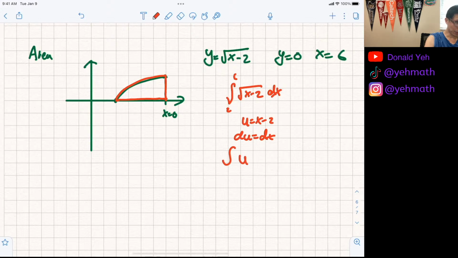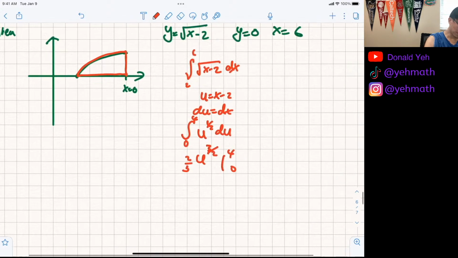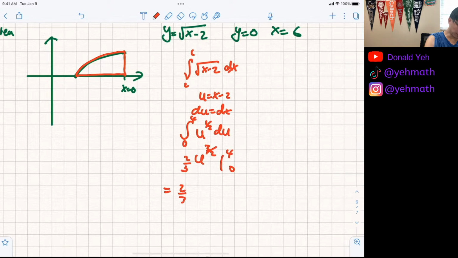And that's going to be u to the 1/2 du, from 0 to 4. So that's u to the 3/2 times 2/3, between 4 and 0. So it'll be equal to 2/3 times 4 to the 3/2 minus 0. So that's equal to 16.